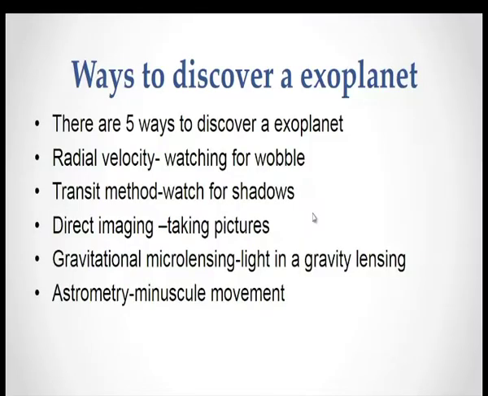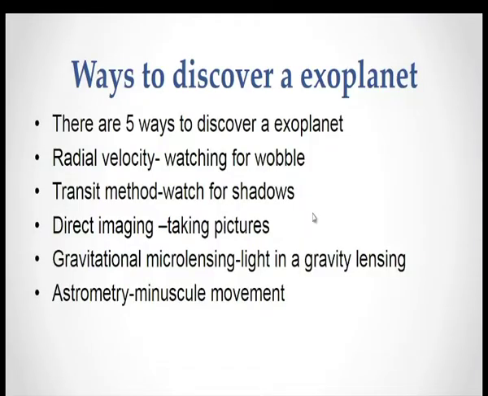As I told earlier in the introduction, around 4,000 exoplanets are approved and still more are in line for approval. So all these things are possible because of these telescopes. Coming to how to discover an exoplanet, scientists adopt 5 ways.